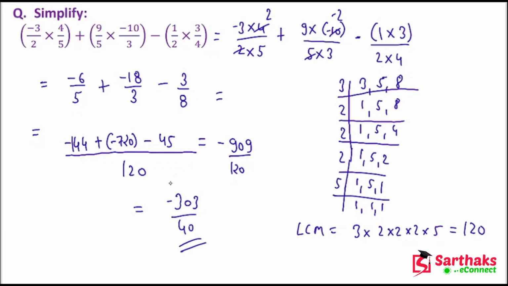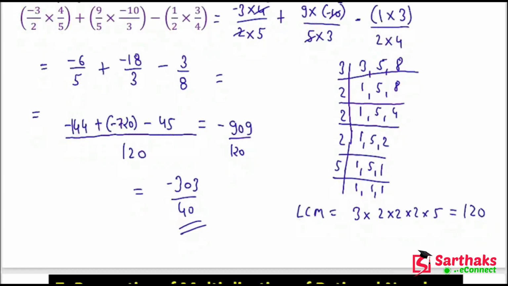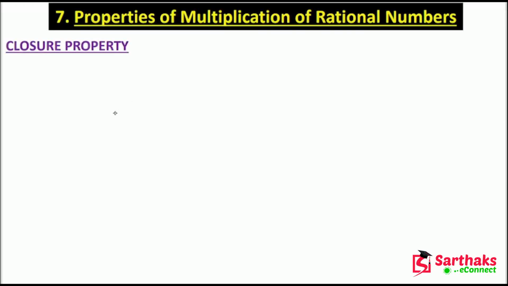Now let us move on towards the properties of multiplication of rational numbers. The first property is the closure property. We have already studied the closure property for addition and subtraction.